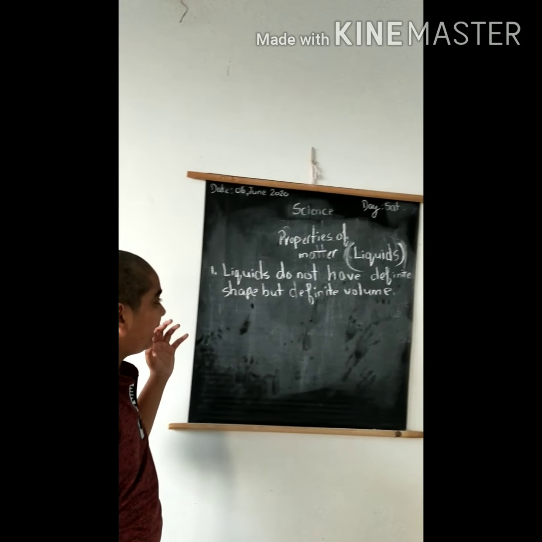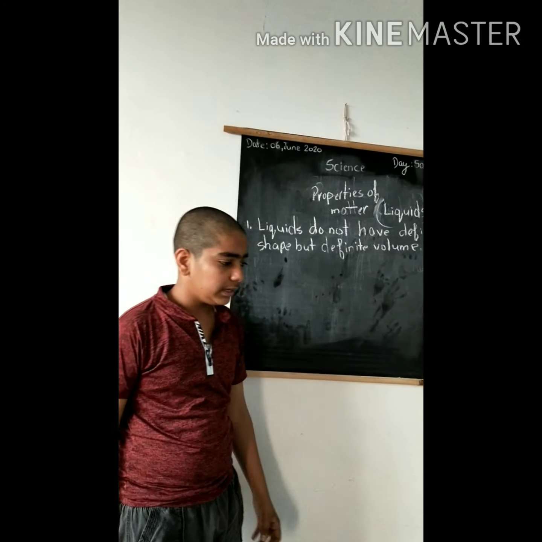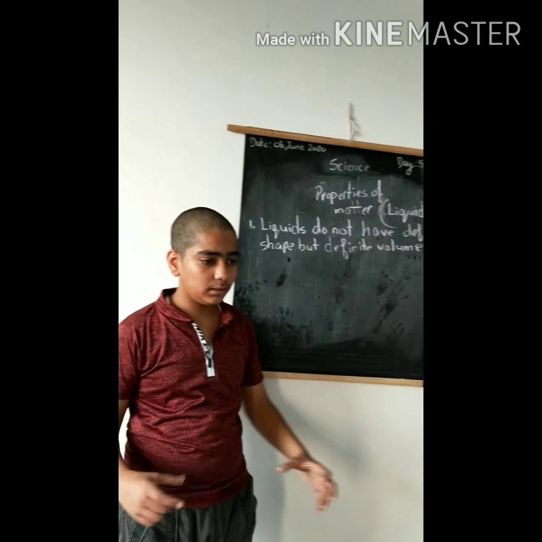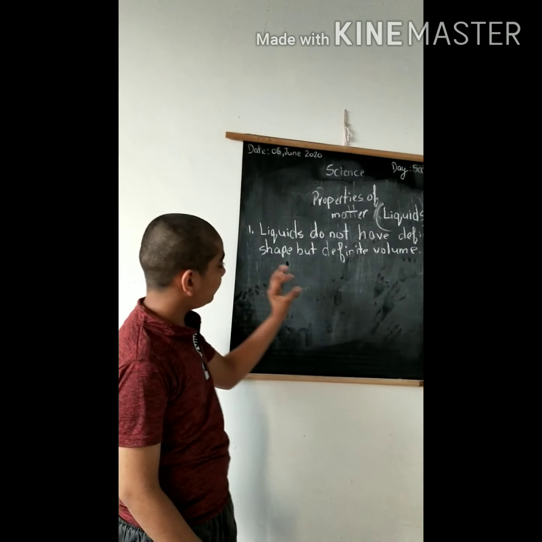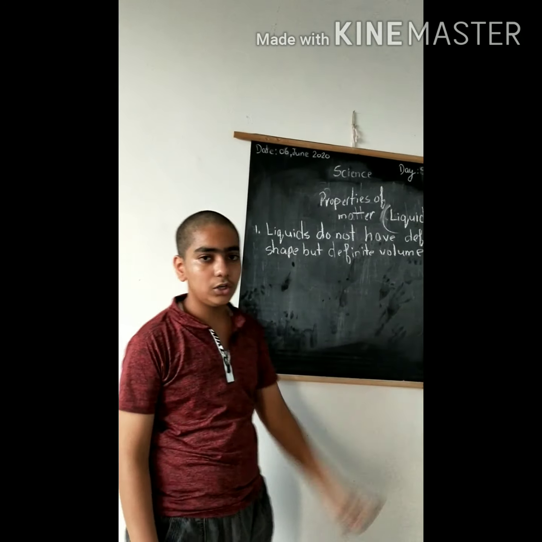As you all know that liquids do not have definite shape. Like if we take a circular ball, then the shape of water is circular, and if we take in cylindrical, then the shape of water is also cylindrical. But what is the meaning of this definite volume?